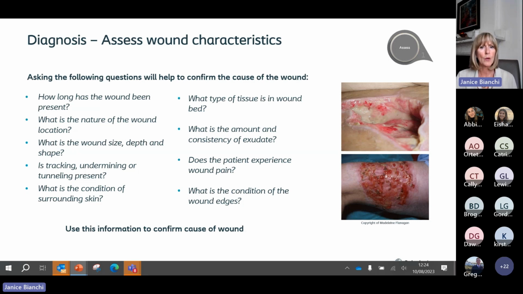And then thinking about the type of tissue in the wound bed, the amount of exudate and the consistency of the exudate. Does the patient experience any pain in the wound? And what's the condition of the wound edges? And using this information, it helps you to confirm what this wound is and then think about what we're going to do as far as treatment's concerned.